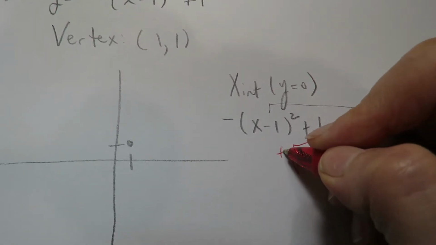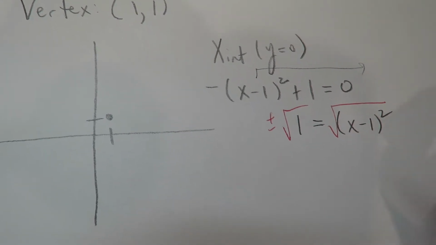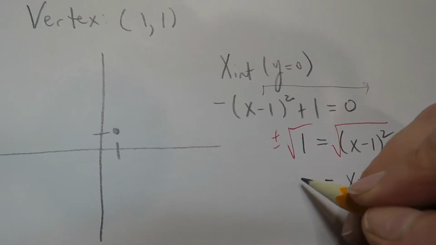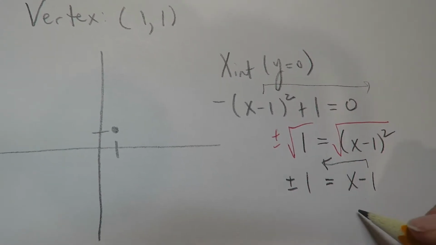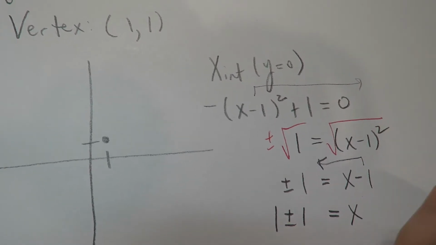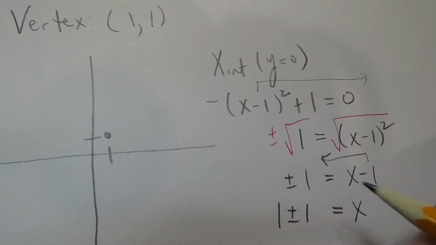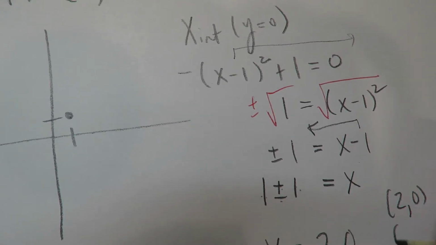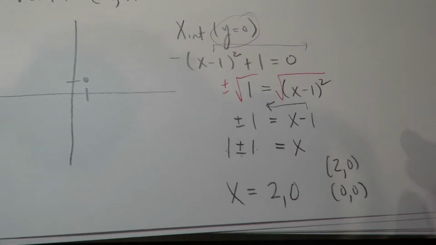So that means I'm going to take the square root of each side, and then just don't forget your plus or minus. Hopefully you guys remember the square root method from pre-calc. Right now I'm going to move this 1 over. So x is going to equal 1 plus 1, which is 2, and 1 minus 1, which is 0. So the two answers are (2, 0) and (0, 0), because we already started with knowing that y was 0.